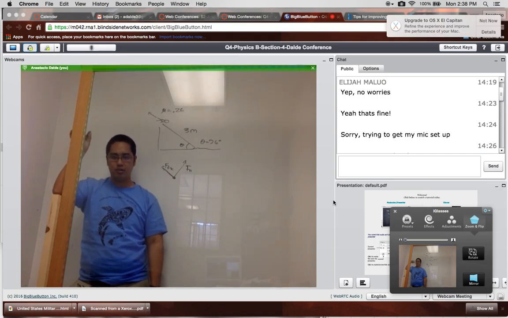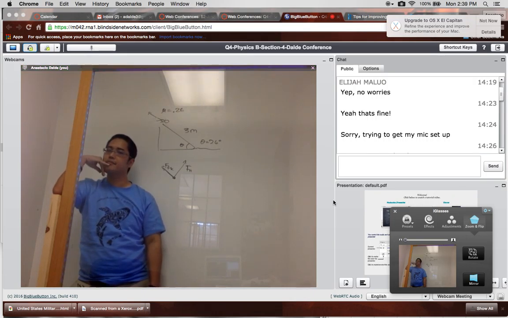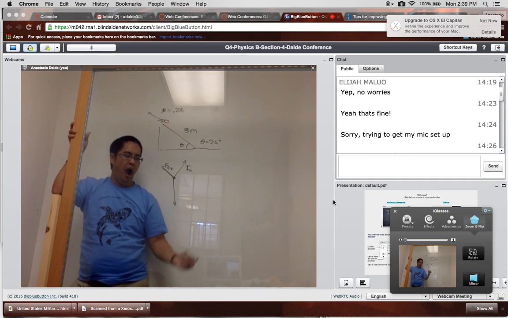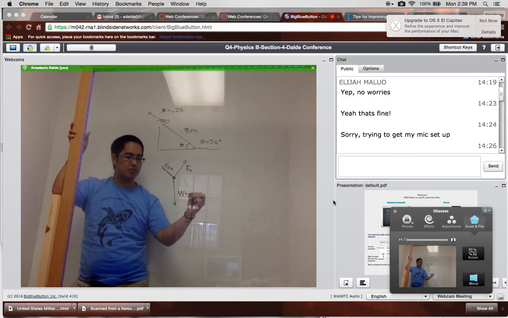That is the force of friction kinetic. It's not static because I'm moving. If it were static, you wouldn't be moving. All right. Anything else? I forgot what W stood for. Weight. It's the weight, which is equal to mass times gravity.